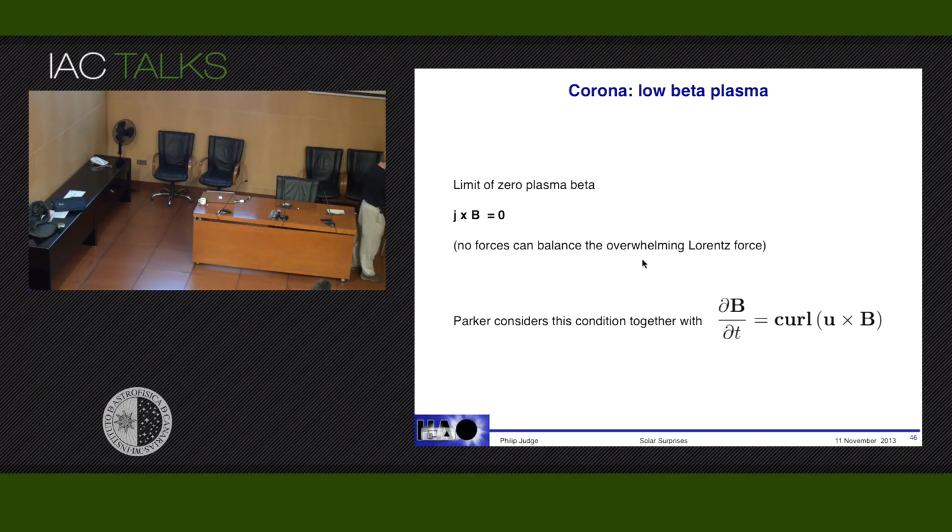Okay? So I end up with the time scale equals L over B squared over rho. So L over V_A, the Alfvén speed. I mean, that's very simple.